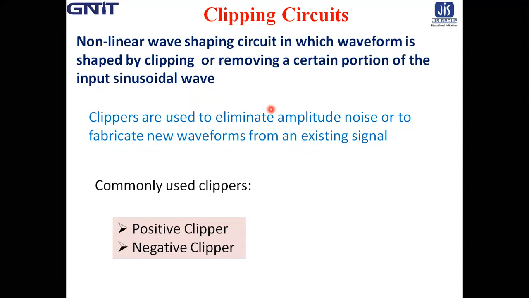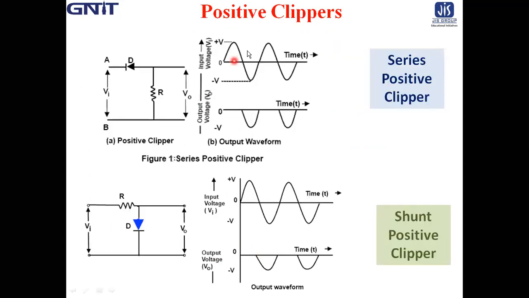They find important application in digital computers, radio and television receivers and radar signals. Various types of commonly used clipping circuits are positive clipper and negative clipper. So first we discuss positive clipper, then move on to negative clipper.